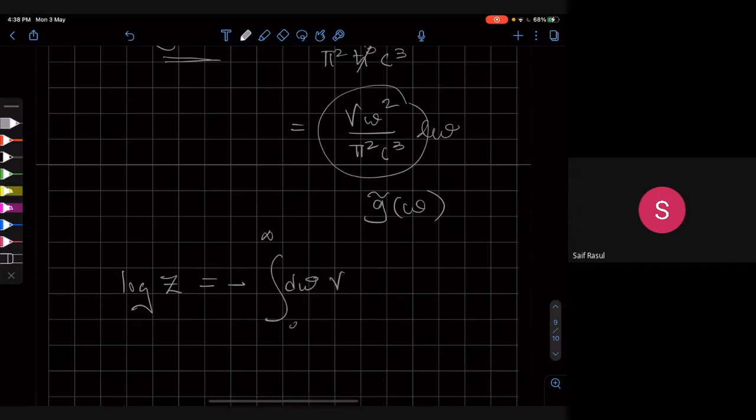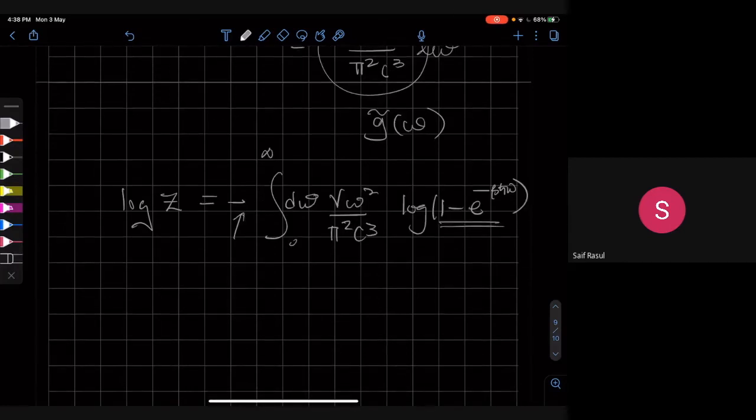And then this factor we just derived, v omega squared over pi squared c cubed, and then log of 1 minus e to the power minus beta h bar omega. So this was in the denominator, and we raised it to the minus power, and that's why we have a minus sign here. Okay?